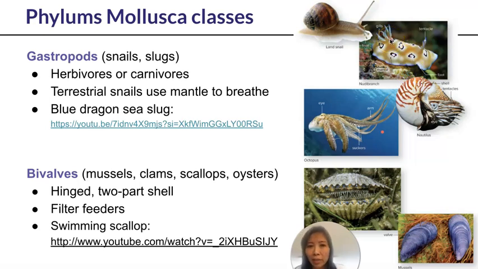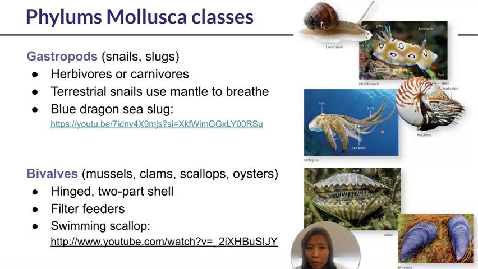Snails and slugs can be either herbivores or carnivores, and the snails that live on land, versus the ones that are in marine areas, will use the mantle to breathe. The mantle, as we mentioned before, is the outer protection for the organs, and so terrestrial snails will use that to help breathe.